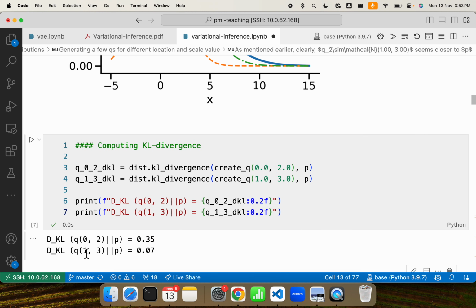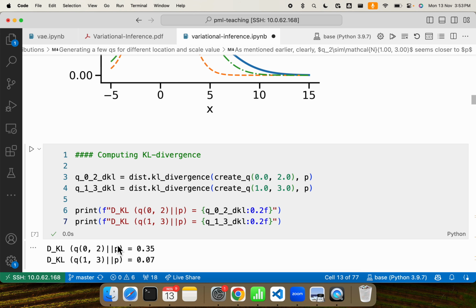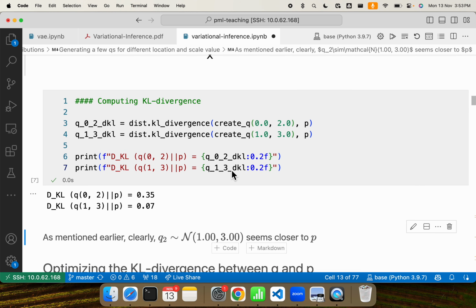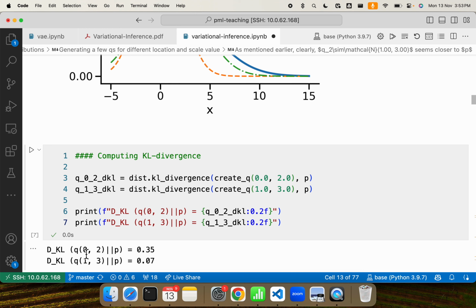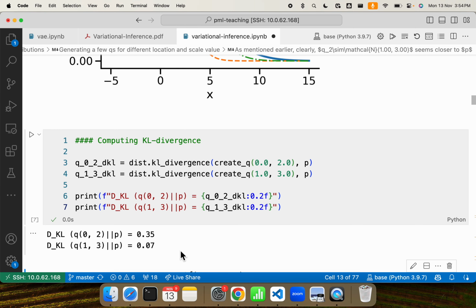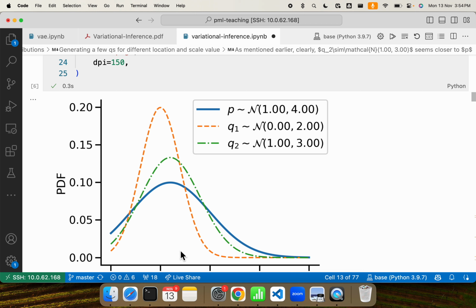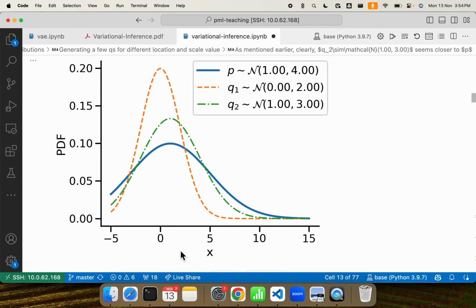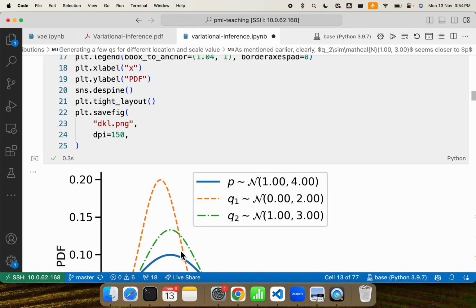And as you can notice, the KL divergence for Q2, which is parameterized by mean mu equal to 1 and sigma 3, is much lower compared to the normal distribution parameterized by mean 0 and scale 2. So, as expected, as we have seen visually, Q2 seems to be a closer fit to P, or the divergence between Q2 and P is lower than the divergence between Q1 and P. Okay, so this was an easy problem.